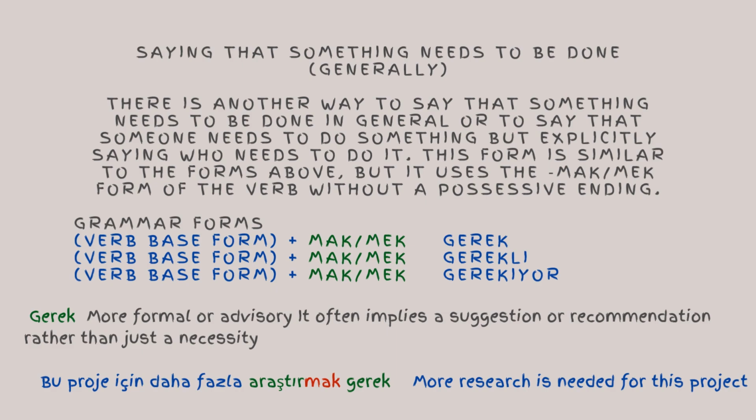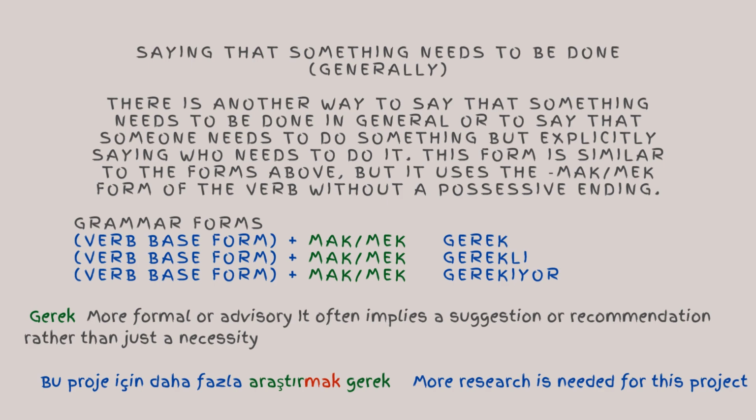Now for the second type, which is gerek. The grammar form is the verb base form. Add only mak or mek, depending on the last letter of the verb. Then either you use gerek or gerekli or gerekiyor, which all have the same meaning.